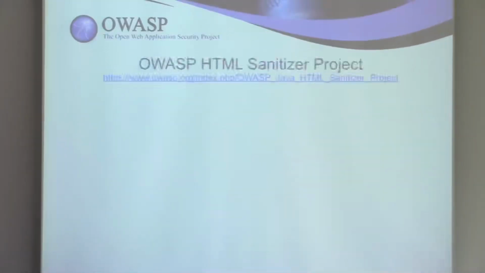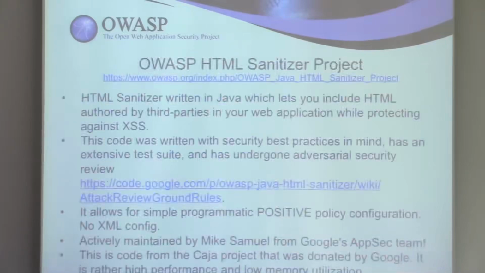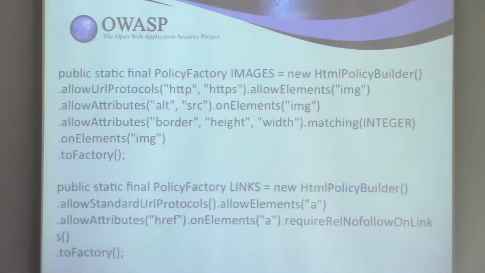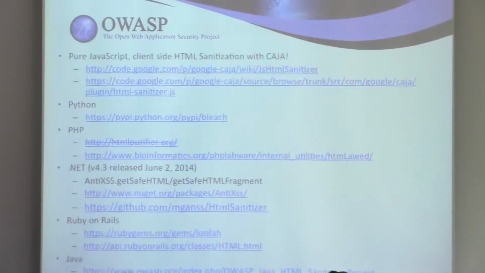So we have to take arbitrary HTML from a user and make it safe somehow. We want to use a formal HTML sanitizer. There's the OWASP HTML sanitizer. It lets you build programmatic policies around what tags it'll accept, and it auto-rejects everything else. This kind of tool is available in every language. Ruby on Rails has HTML sanitization built in. We have the OWASP Java HTML Sanitizer, donated by Mike Samuel, one of Google's AppSec leads.